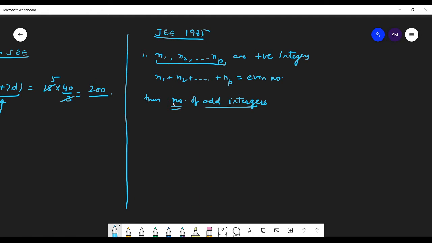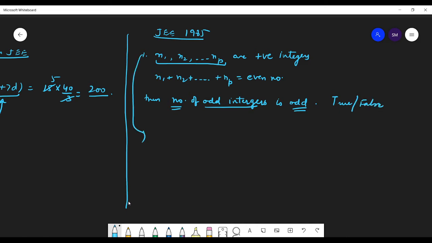So he's asking you, is the number of odd positive numbers odd? Have you understood the question, students? True or false? He is telling that the number of odd integers is odd.